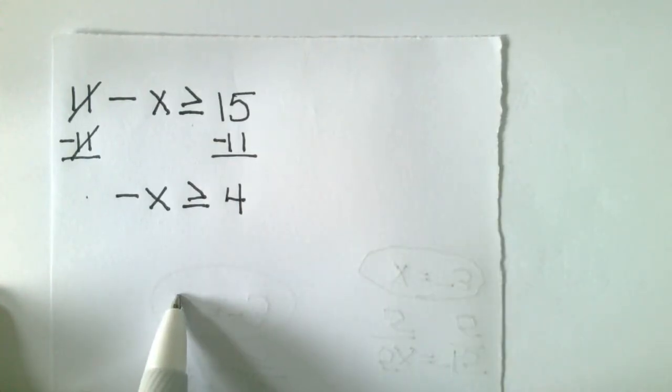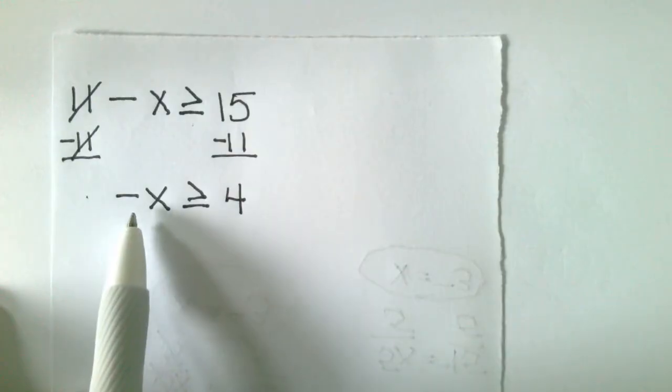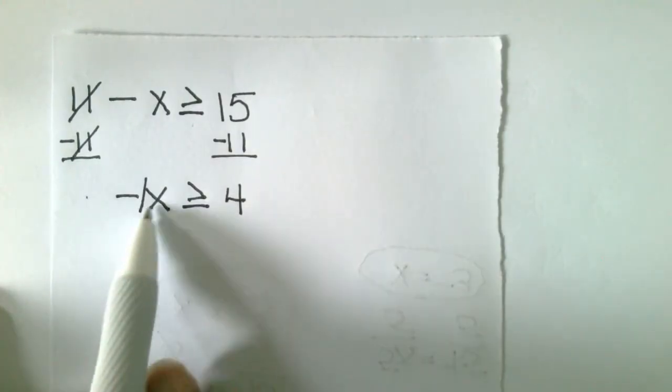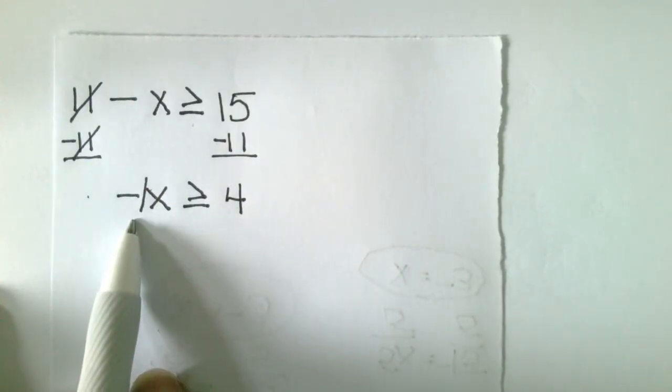Good, I see you. All right, so now we have this negative x. If you don't see a number, it's assumed to be a 1, because we physically have 1x right there. So we actually have a negative 1.